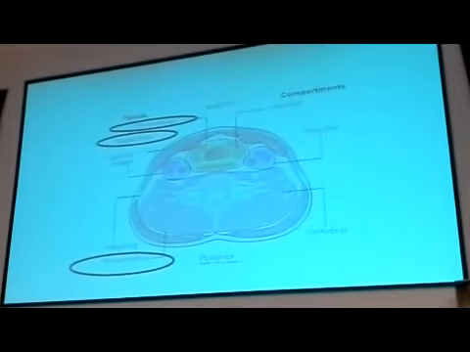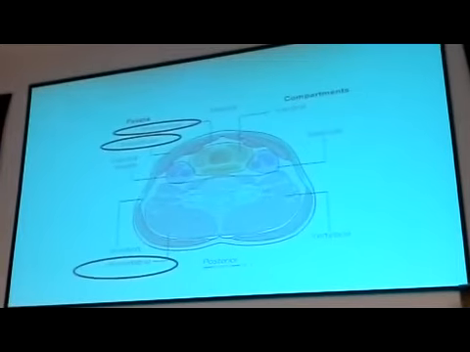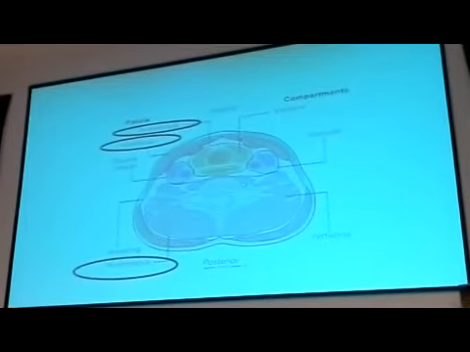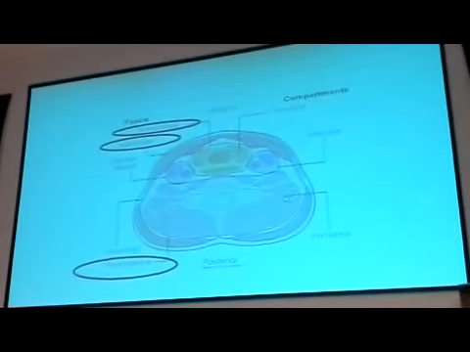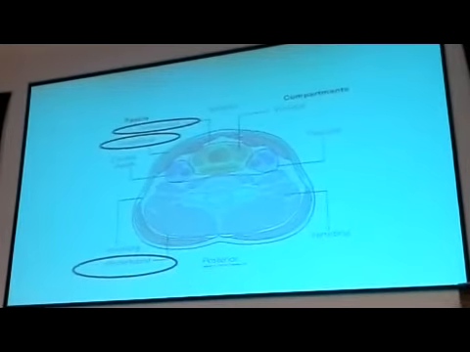But on the lateral side, there are scalenus anterior, scalenus medius, and this muscle which arises from the upper 4 cervical vertebrae, it is called the levator scapulae.